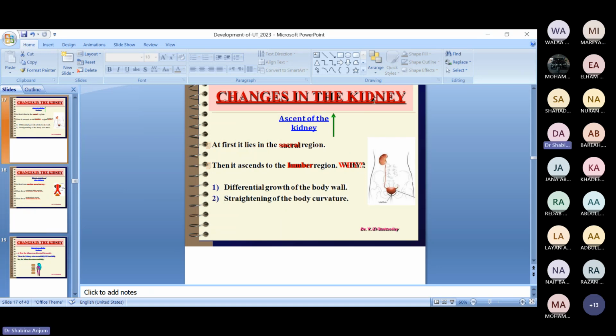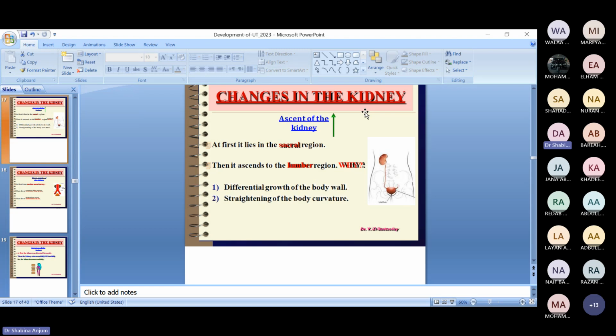Is it clear now? You have to remember three stages: pronephros, mesonephros, and metanephros. What I told you about the pronephros is that this type of kidney is present in fish, and it appears in the cervical region.